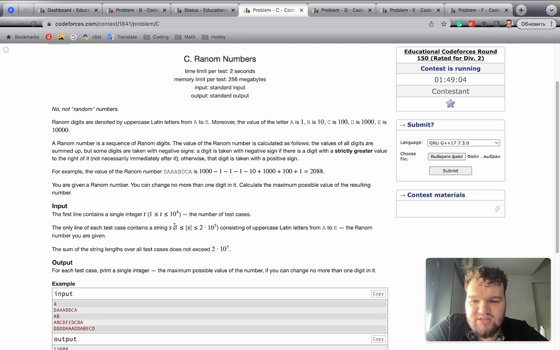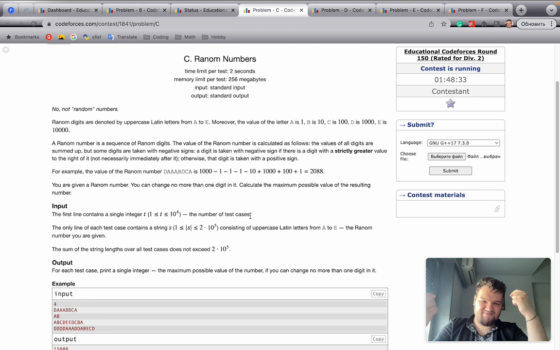So we are given a string of those letters. We can change at most one letter, and we need to calculate the maximum possible value. Well, it is very straightforward DP. I don't even want to think more about it.